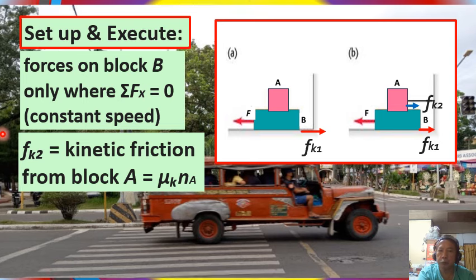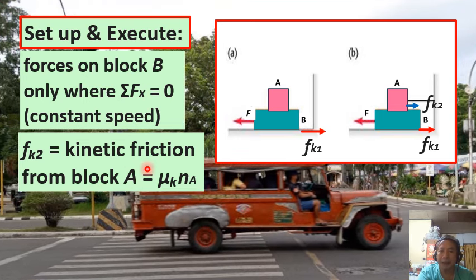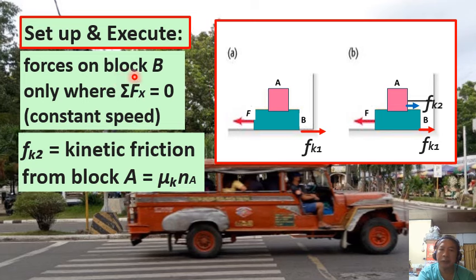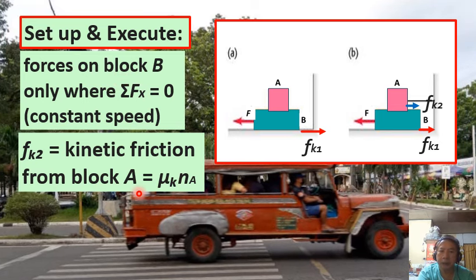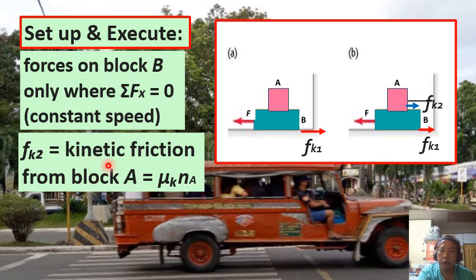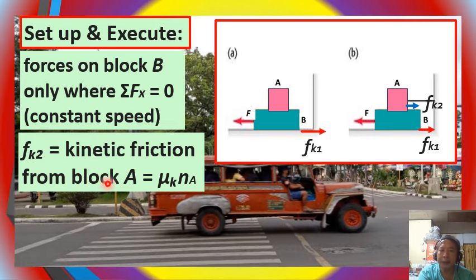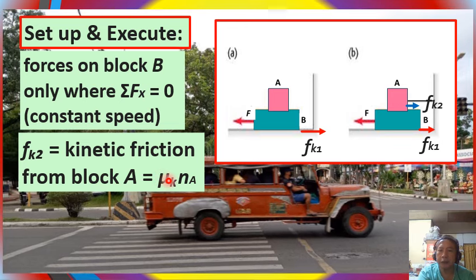So F_k2 is the kinetic friction from block A exerted on block B. That is how we define F_k2.